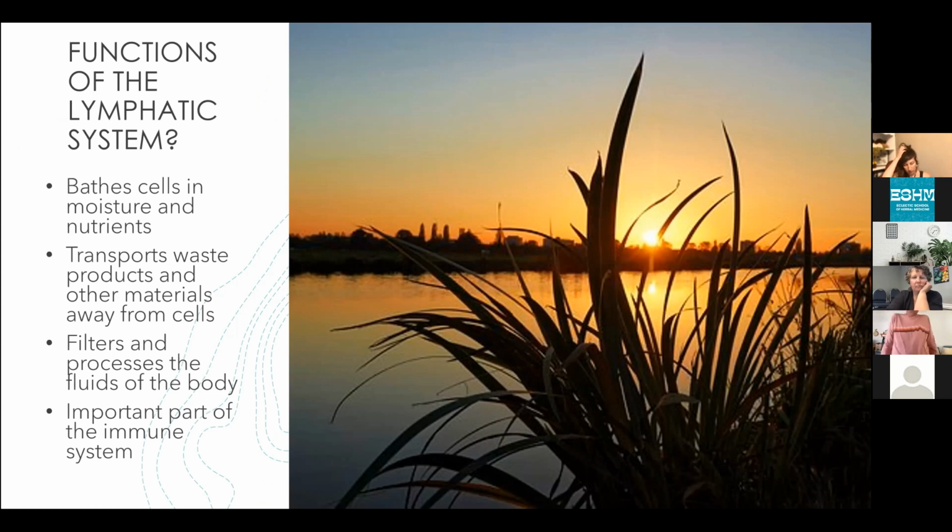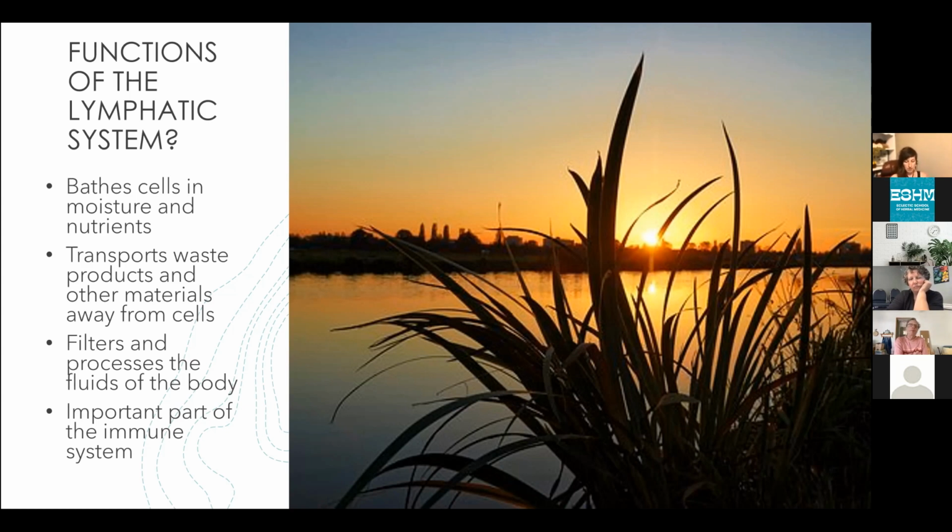The lymphatic fluid and extracellular fluid bathe cells in moisture and nutrients. So it's kind of like an aqueduct in that way. They're continuously moistening and feeding the cells and also holding and transporting things that the cells need. It also is a means to transport waste products and other materials away from the cells, much like a canal system.